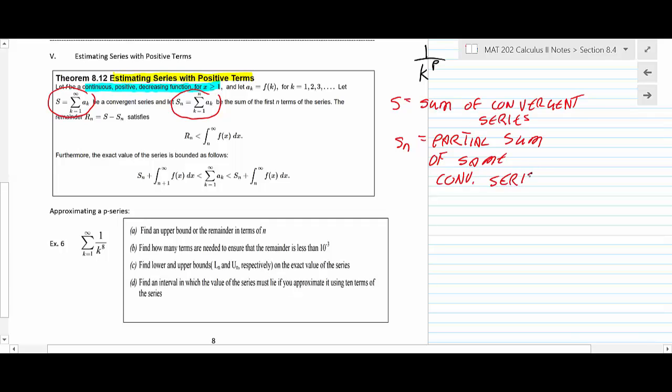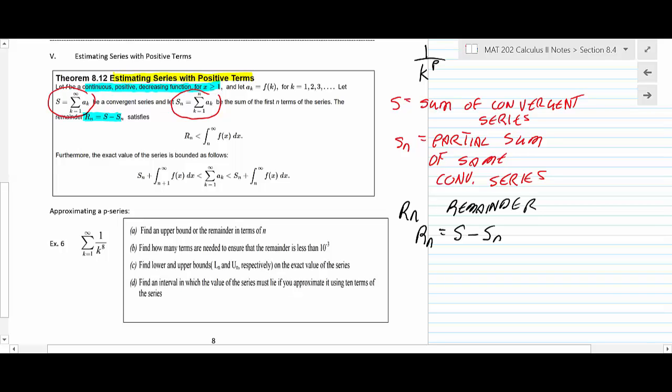All right, so here's what you have. Tell me if this makes any sense. First of all, we use this terminology R. R represents the remainder of the series. So what this is saying is the remainder is S minus S of n.